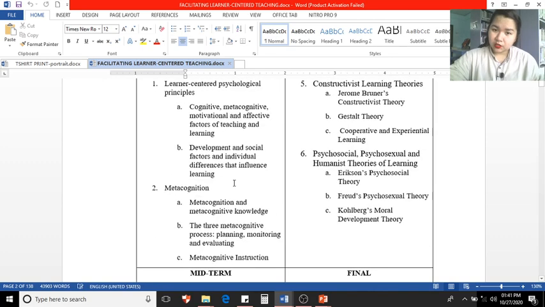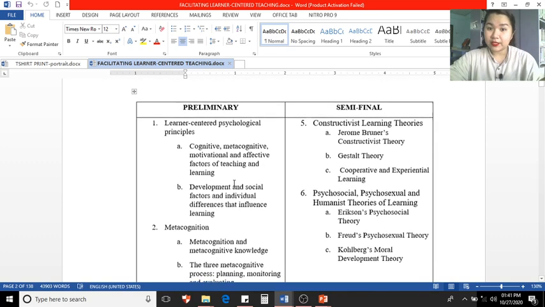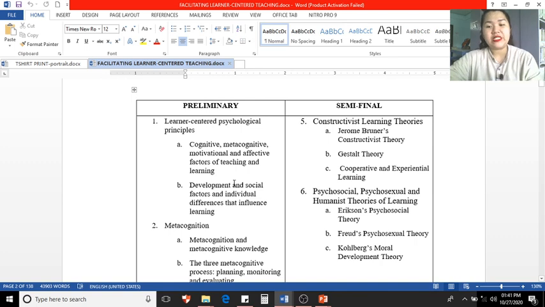Since we are done with those topics, ngayon naman, ang focus na natin is for the semifinals, and meron pa rin siyang dalawang chapter. We have Chapter 5, the Constructivist Learning Theories. Actually, there are 4: the Constructivist Theory, Gestalt Theory, the Subsumption Theory, and the Cooperative and Experiential Learning.